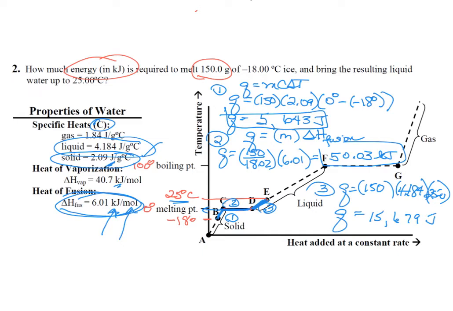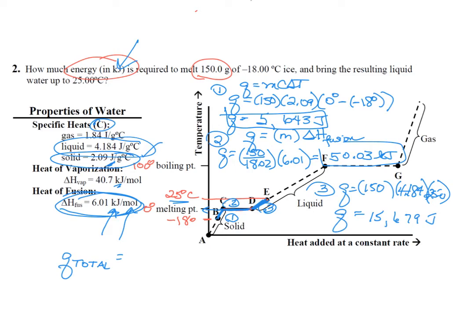Okie doke. So the total heat, the total thermal energy for that entire process, we add them all together, but they have to be in the same units. The problem asked us to put the answer in kilojoules, so I'm going to change the one in joules to kilojoules.